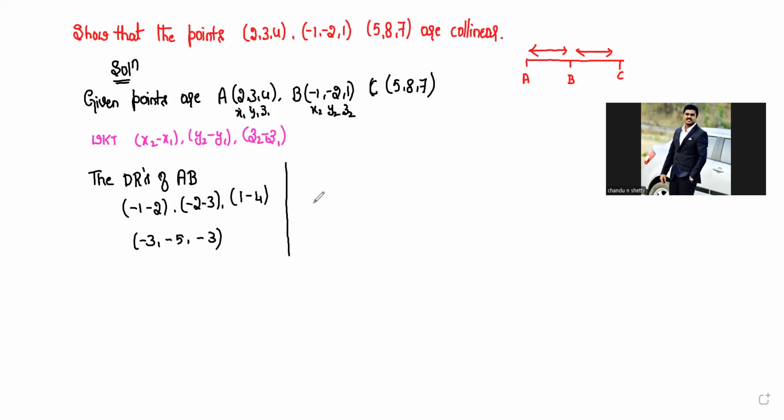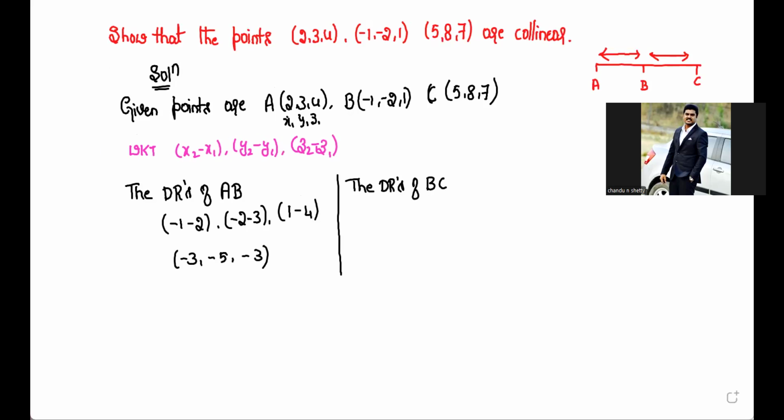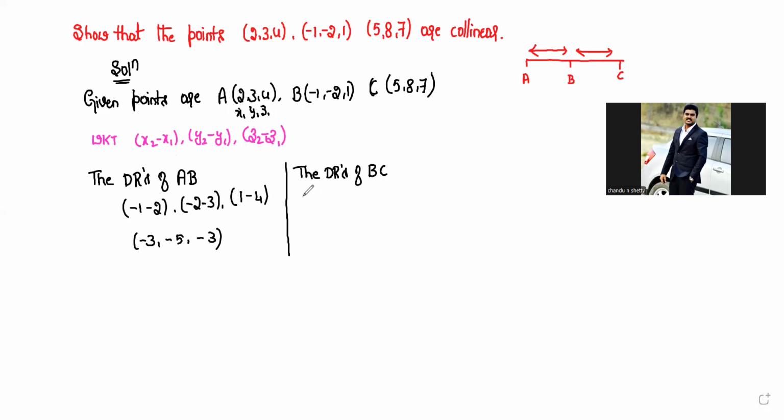Now again you should find out the direction ratios of BC. So now observe, x1, y1, z1, x2, y2, z2 I'm taking.